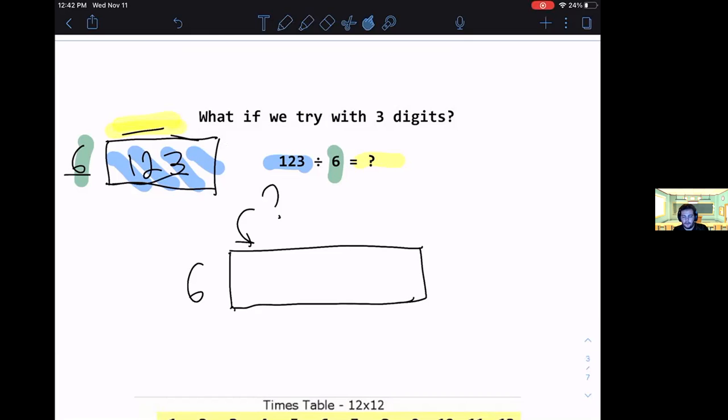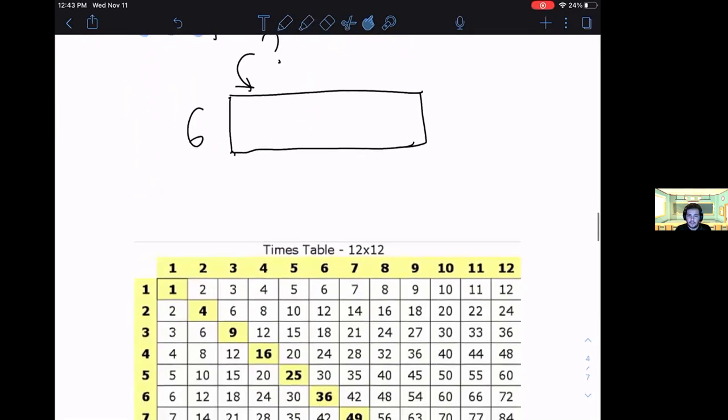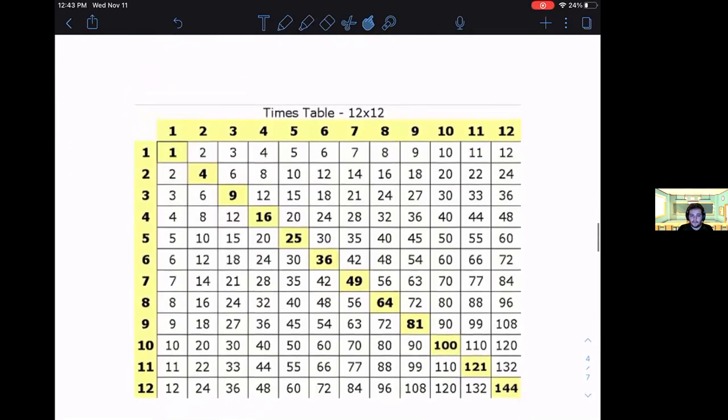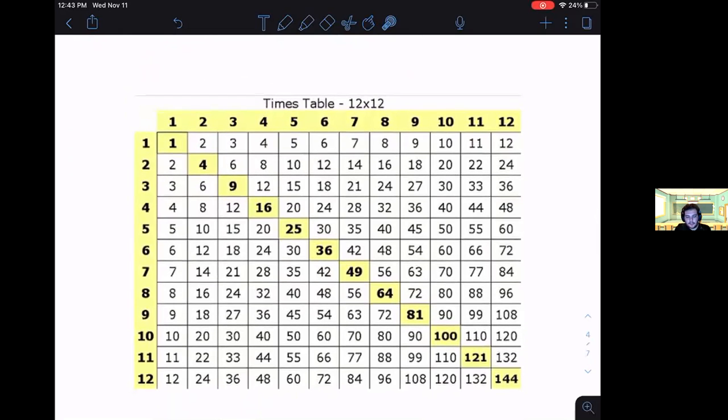So many of us know already 6 times 12 is 72 because we've been practicing this, but I know some of us still struggle. I sometimes forget myself, so I include this table here so you guys can follow along better. Now we're going to go ahead and look at number 6. Let's skip count together to see what's the largest we can get to. 6, 12, 18, 24, 30, 36, 42, 48, 54, 60, 66, 72.